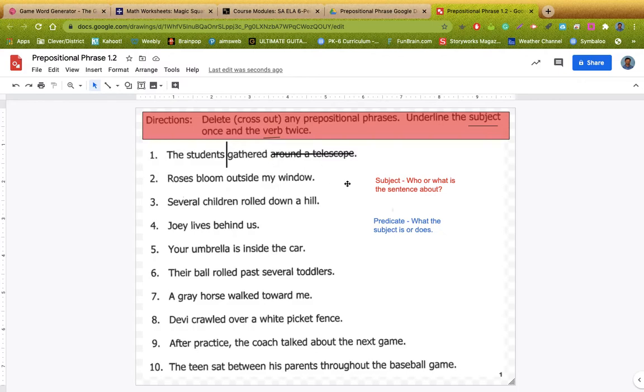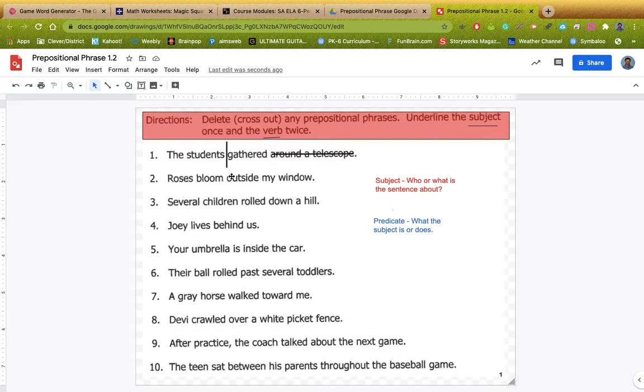That's it. So if you ask yourself, who or what is the sentence about, and you said the students, bam, draw your line right after it. That's all you have to do. Because up here, if you remember earlier, the directions say underline the subject once and the verb twice. You don't have to do that. We're simply going to draw the subject predicate line today.